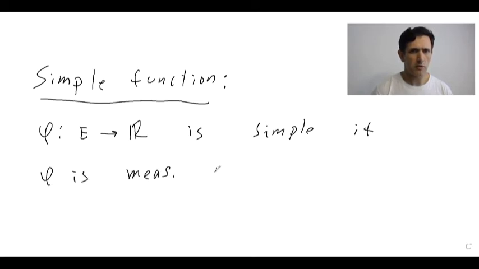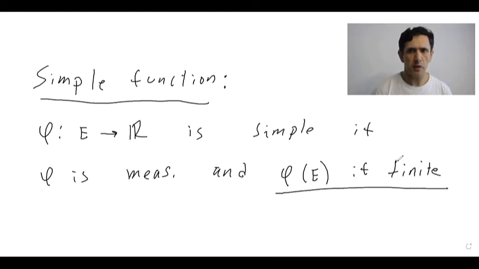It's real valued, measurable, and the key here is that the image is finite. It only takes on finitely many values.